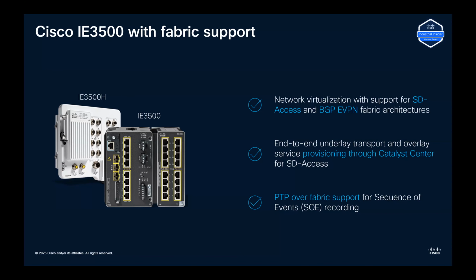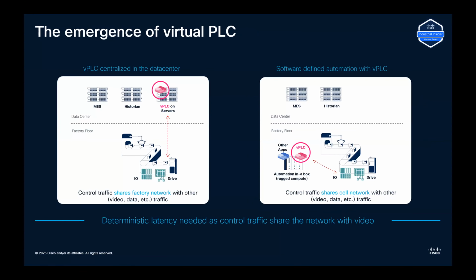across multiple entities. Now let's look at yet another form of virtualization, which is the emergence of the virtual PLC, or programmable logic controller. This is an extreme form of virtualization because not only does it require high bandwidth and those fabrics, it is also very time dependent, because the virtual PLCs are controlling machines, and for controlling machines, you need very strict timing.